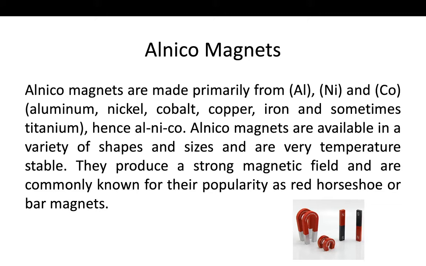Hence it is mostly aluminium, nickel and cobalt. These magnets are available in a variety of shapes and sizes and are very temperature stable. They produce a strong magnetic field and are commonly known as the red horseshoe or bar magnet.